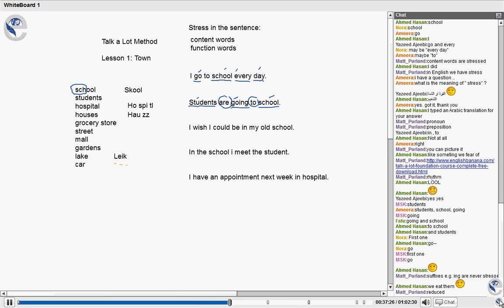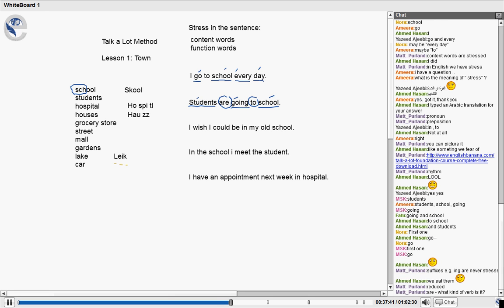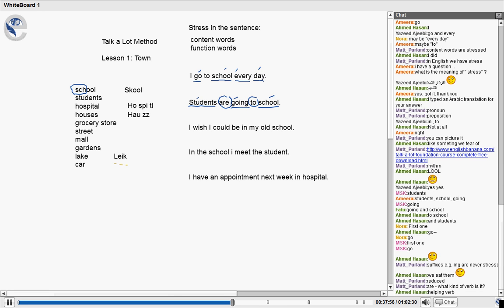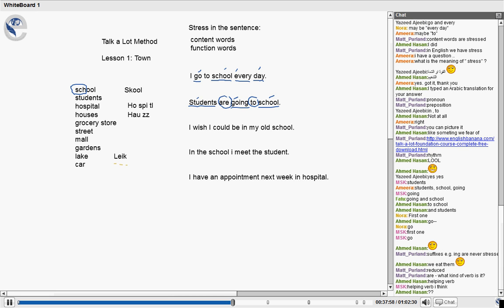Okay. Good. Also, we can say are. What kind of verb is it in this sentence? It's the verb to be, but what kind of verb is it? So it's a helping verb.